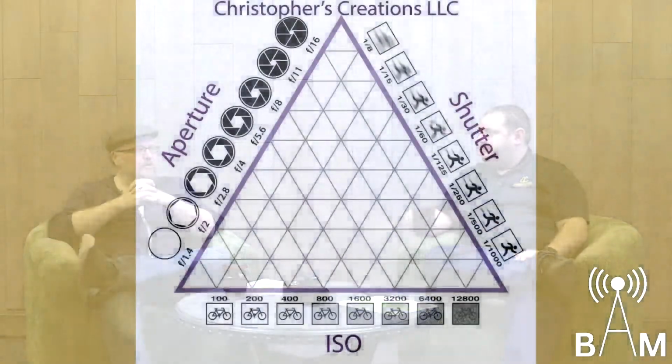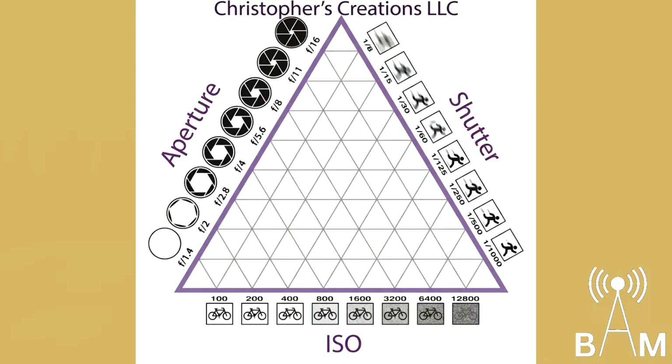Aperture is the size of your shutter that's inside of your camera. You can see it depicted on the left-hand portion of this exposure triangle graph there. And if you have your camera on and look down the lens, you would actually be able to see that shutter inside of your camera and how much bigger or how much smaller it is.